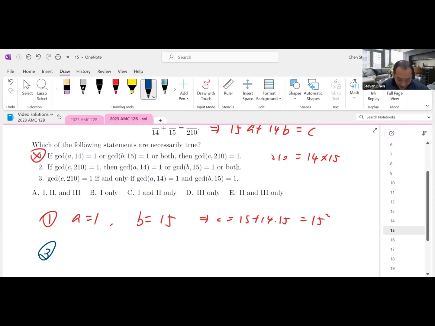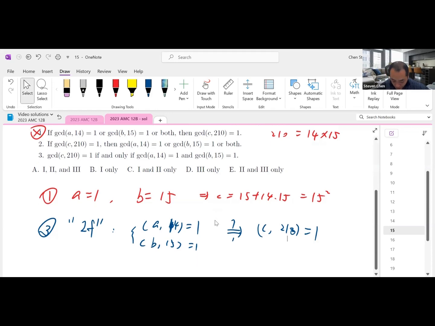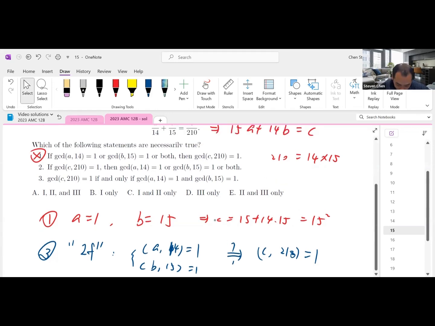First, let's look at the if part. So for the if part, we have to show that if both of the following two conditions hold, then whether we can get the conclusion that C and 210 are relatively prime, whether this is correct or not correct.